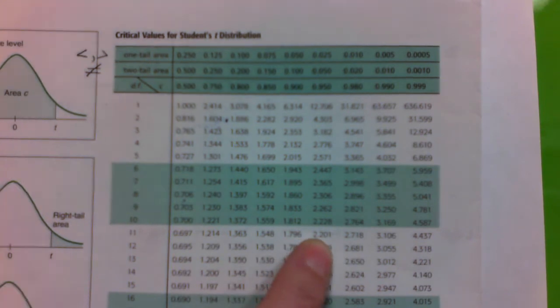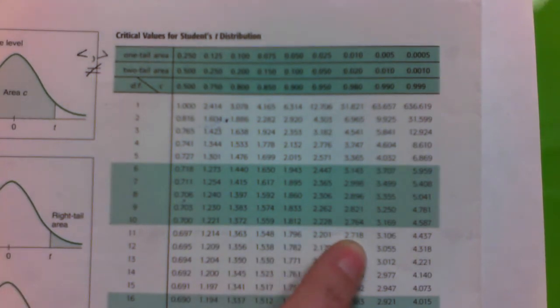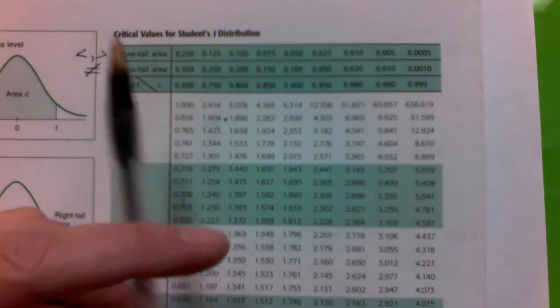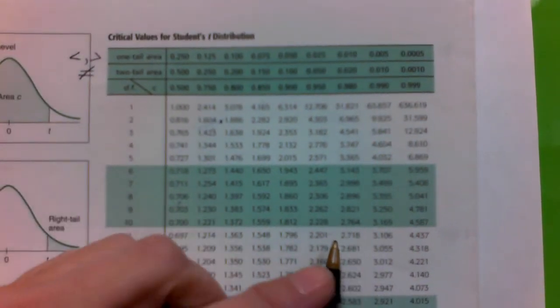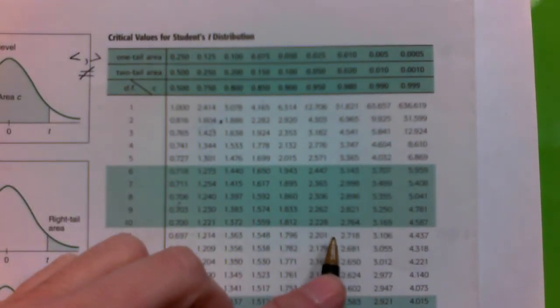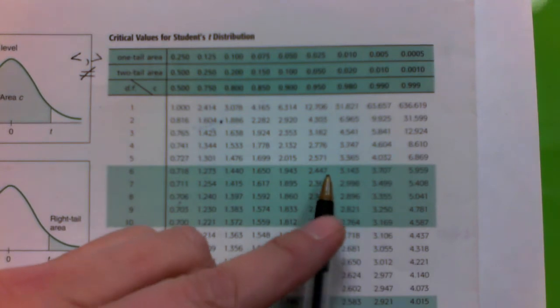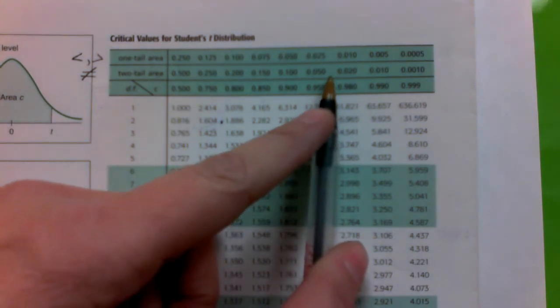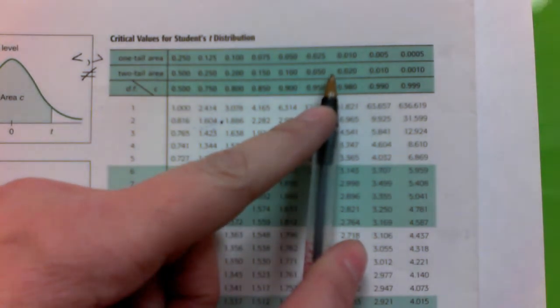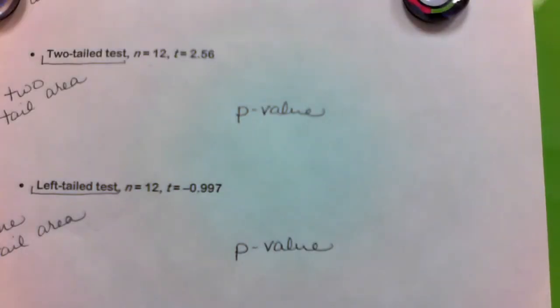So there's 2.201, 2.718. So 2.56 falls in between these numbers. So I'm going to travel up and I'm going to stop at the middle green row because that's the two-tail area, and it tells me my p-value is between 0.05 and 0.02.